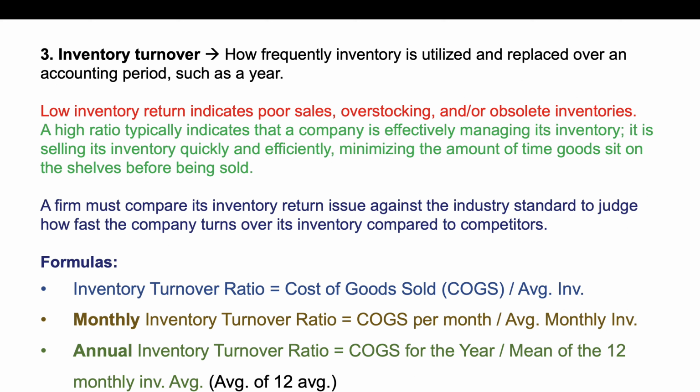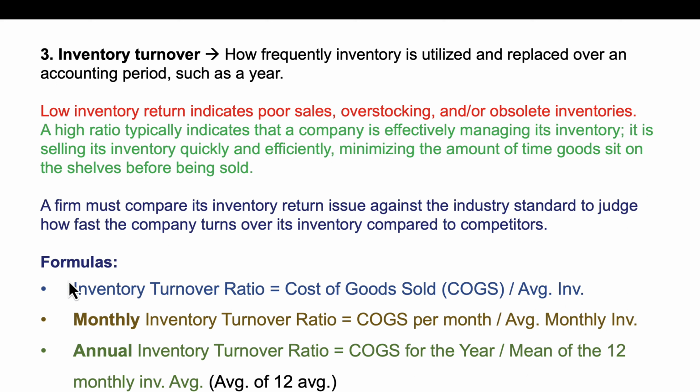However, if the inventory turnover ratio is high, it means inventory is not sitting on the shelves for a longer period of time and the organization is using that inventory to create more value and more revenue making opportunities. The formula for inventory turnover ratio is cost of goods sold divided by average inventory.